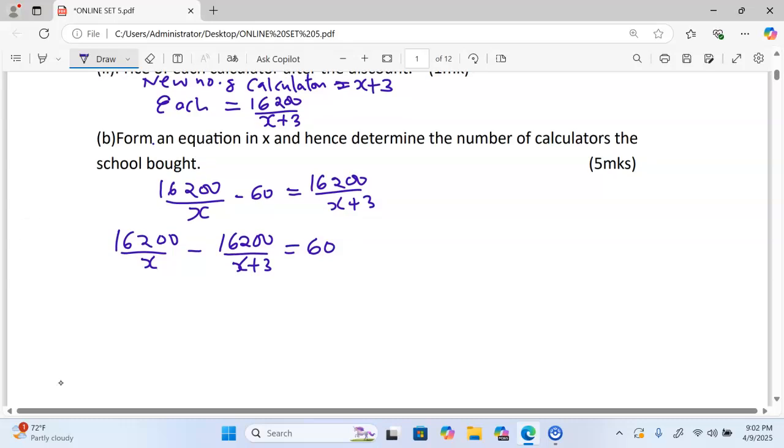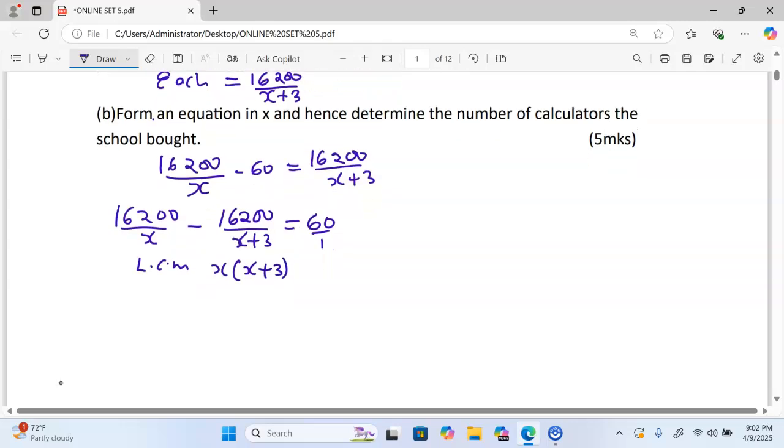We can now get the LCM. The LCM of the denominators will be X into X plus 3.